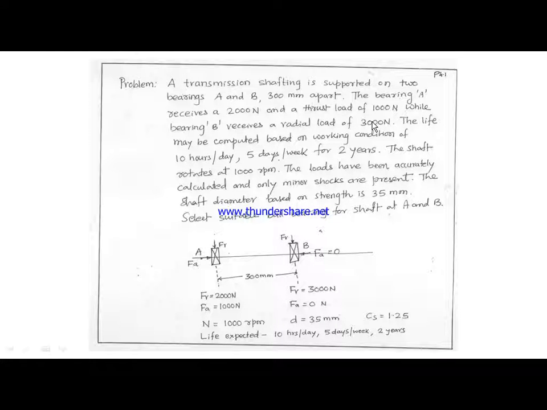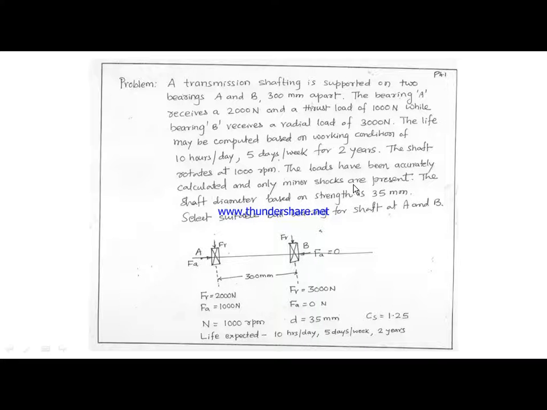The life may be computed based on working condition of 10 hours per day, 5 days per week for 2 years. The shaft rotates at 1000 RPM. The loads have been accurately calculated and only minor shocks are present.